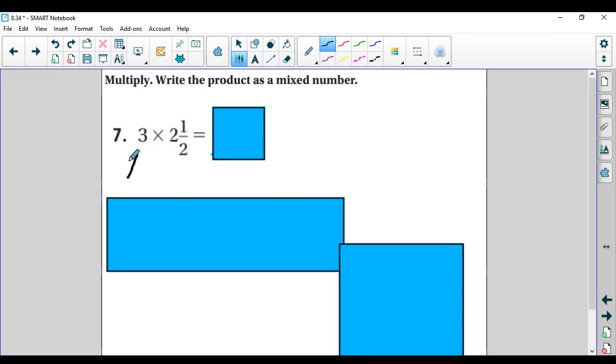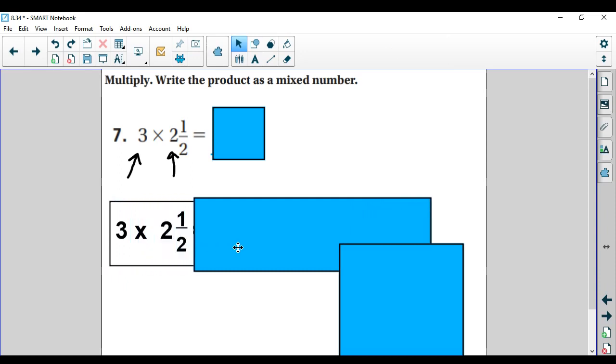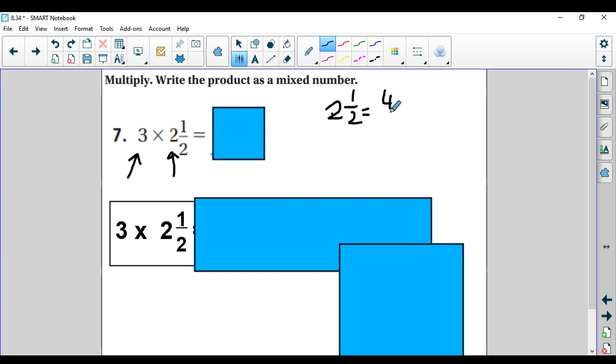So now we have a whole number being multiplied by a mixed number. And in order to do that, we must first convert our mixed number to a fraction greater than 1. So 3 times 2.5, we're going to rewrite 2 and 1/2. 2 times 2 equals 4 halves, plus the 1/2, and that equals 5 halves.